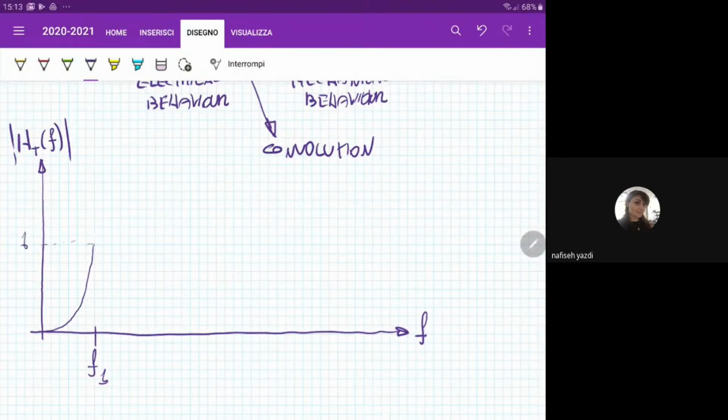Then it goes straight, a sort of constant value regardless of the frequency, and then we have a sort of amplification like this.